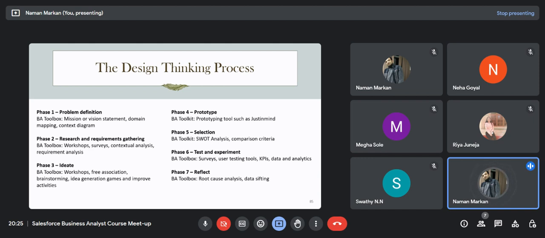Okay, and with the help of some tools which have been written in the slide itself, the BA toolbox in this particular problem definition phase is mission and vision statements, and even the domain mapping and context diagram. These tools, statements or documents help you to understand the problem which the customer has been facing. Okay.